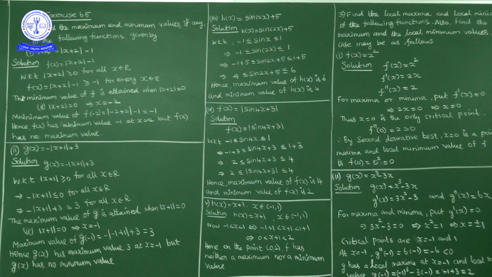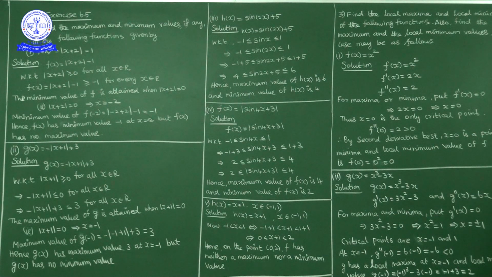So what is the minimum value of f of x? f of minus 2 is equal to modulus of minus 2 plus 2 minus 1, which is nothing but minus 1. So f of x has minimum value minus 1 at x equal to minus 2.